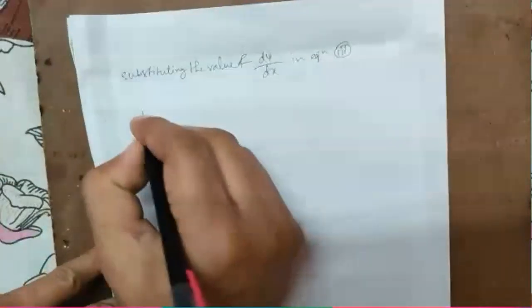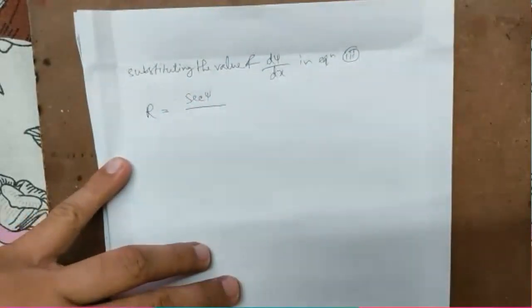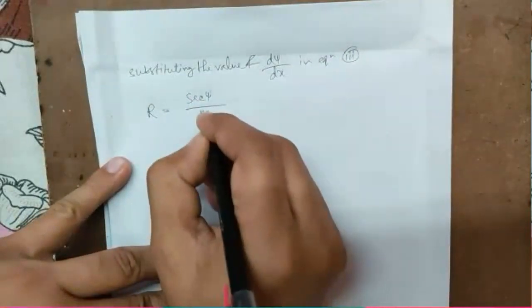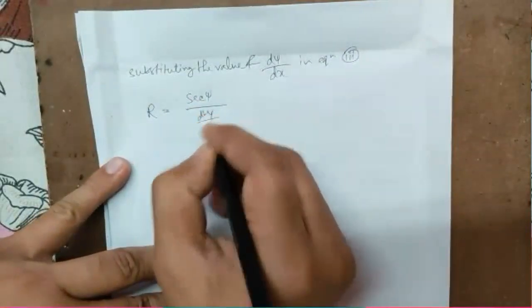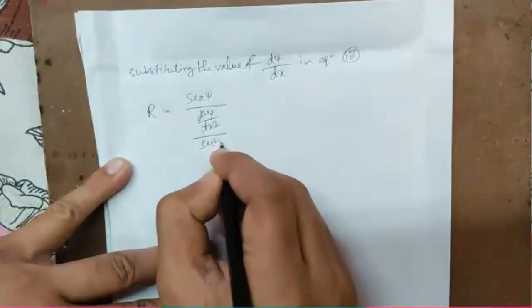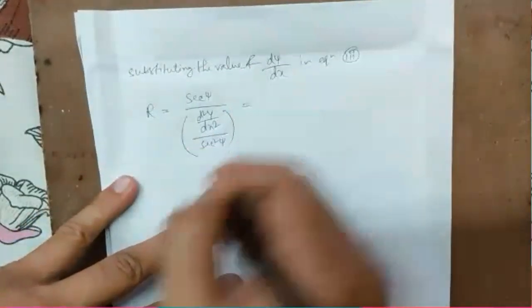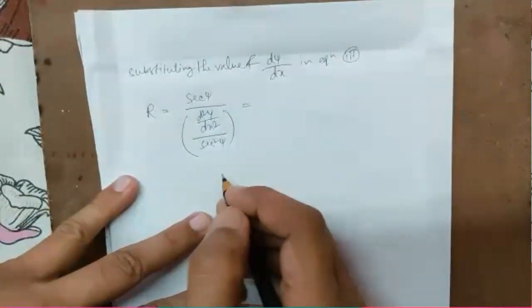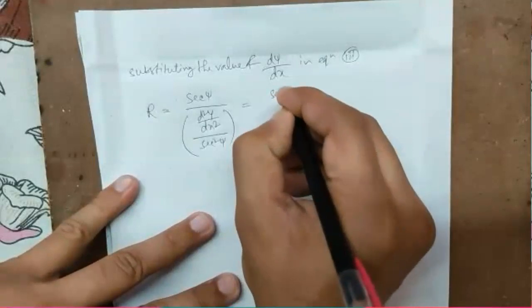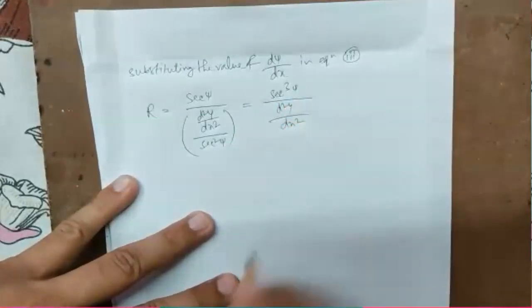Let us put, so r is equal to sec psi by, we'll put the value d2y dx2 by sec square psi. Okay, now then upon simplification it becomes sec cube psi by d2y dx2.